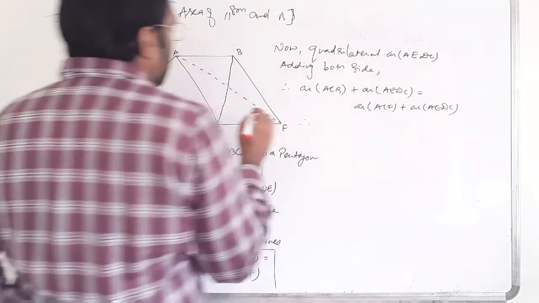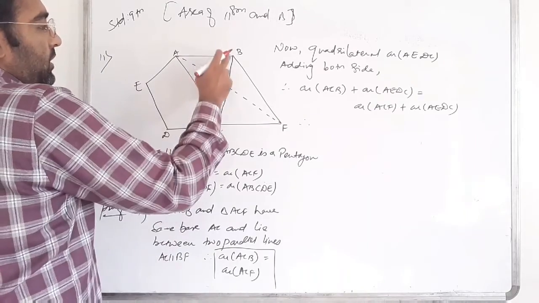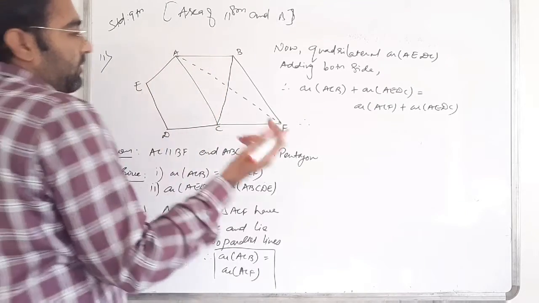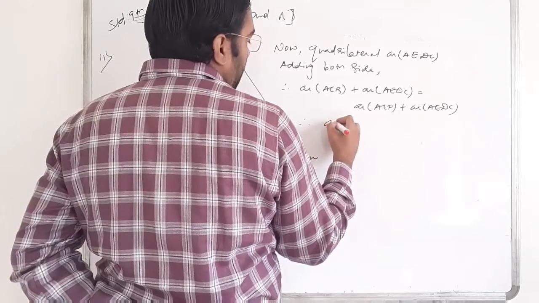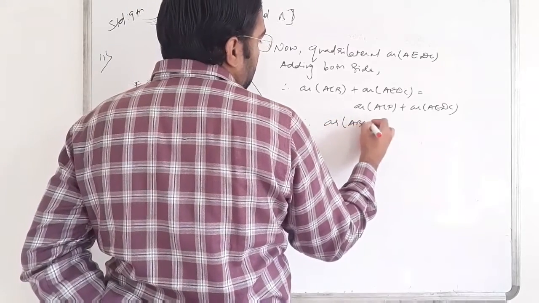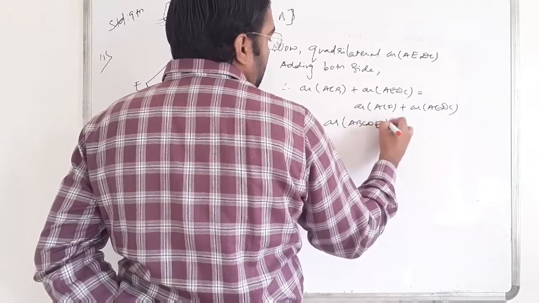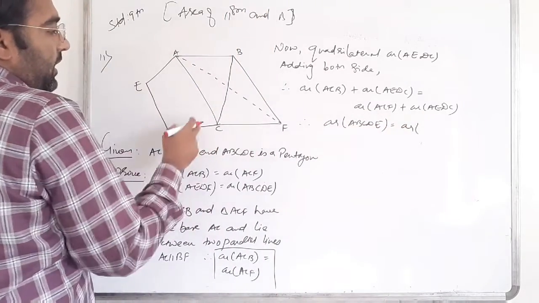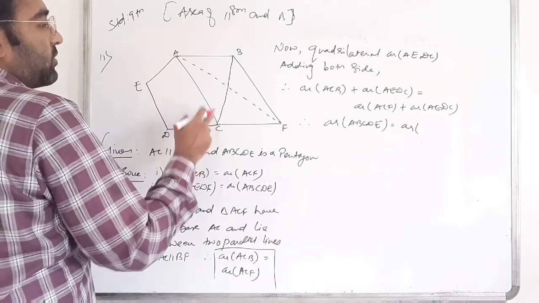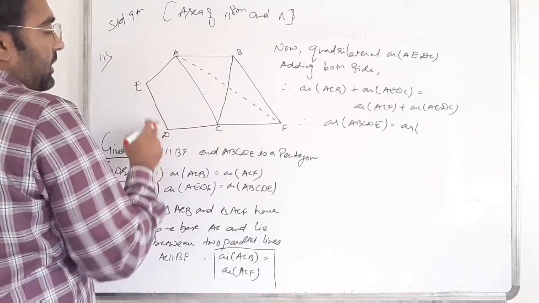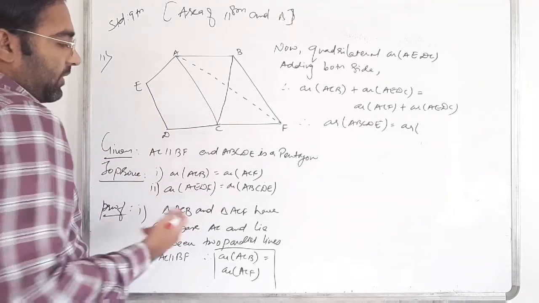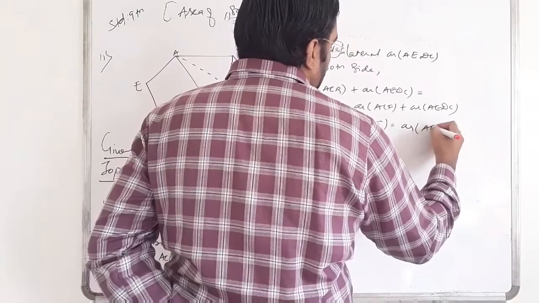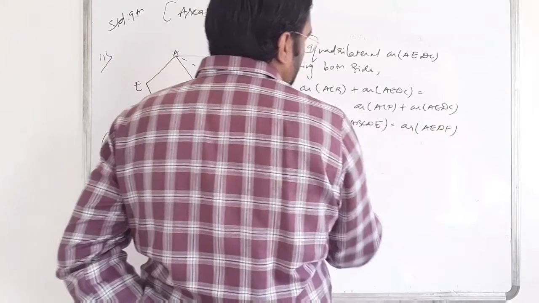Okay, so ACB plus AEDC gives ABCDE, and ACF plus AEDC gives AEDF, so area of ABCDE is equal to area of AEDF.